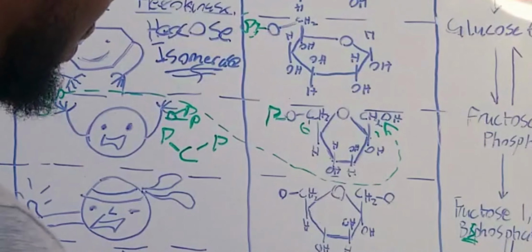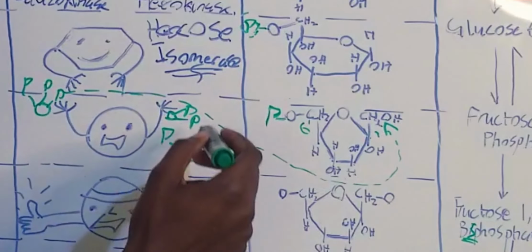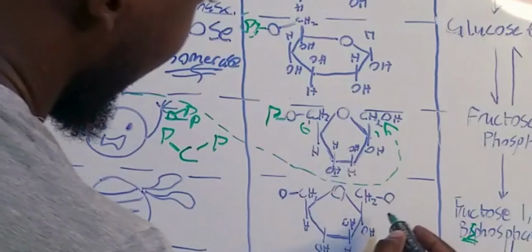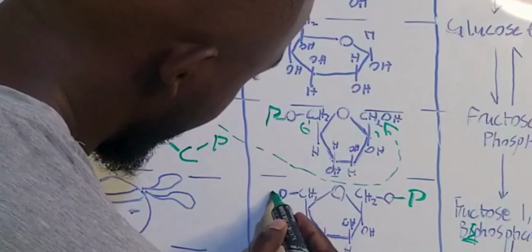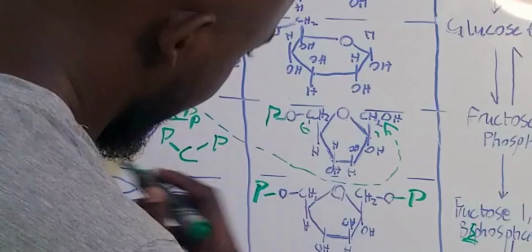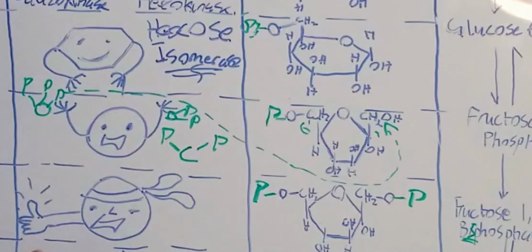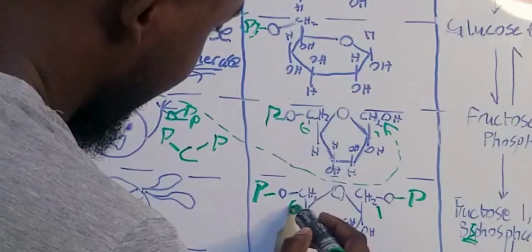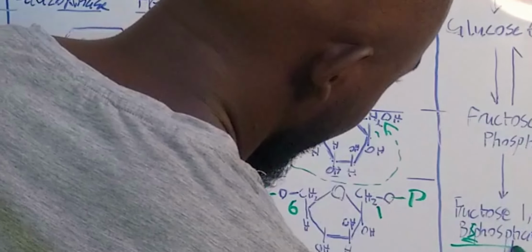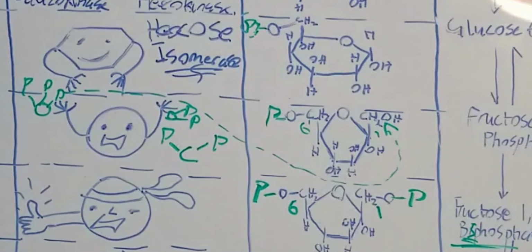So this is now how it will look. After it loses the phosphate here, it goes and attaches here. And again, at carbon number 6, there's another phosphate here. So, like I said, fructose 1,6 bisphosphate. I hope we're clear up until this point.